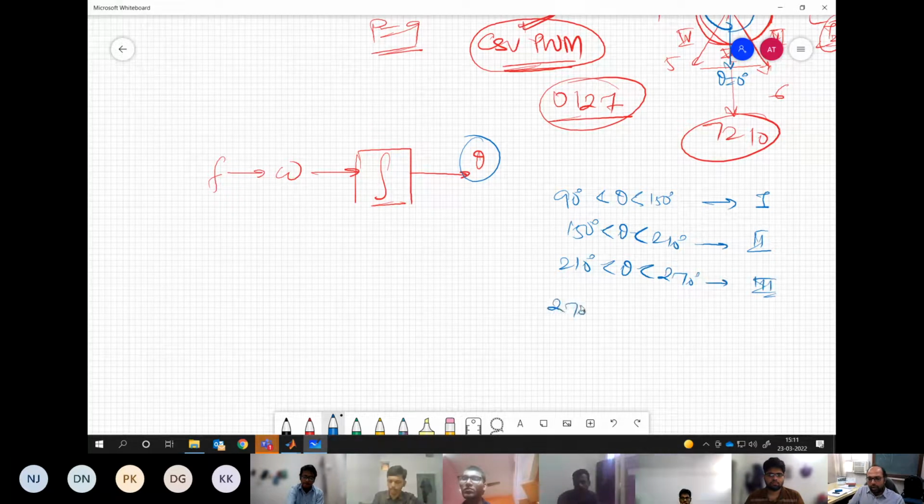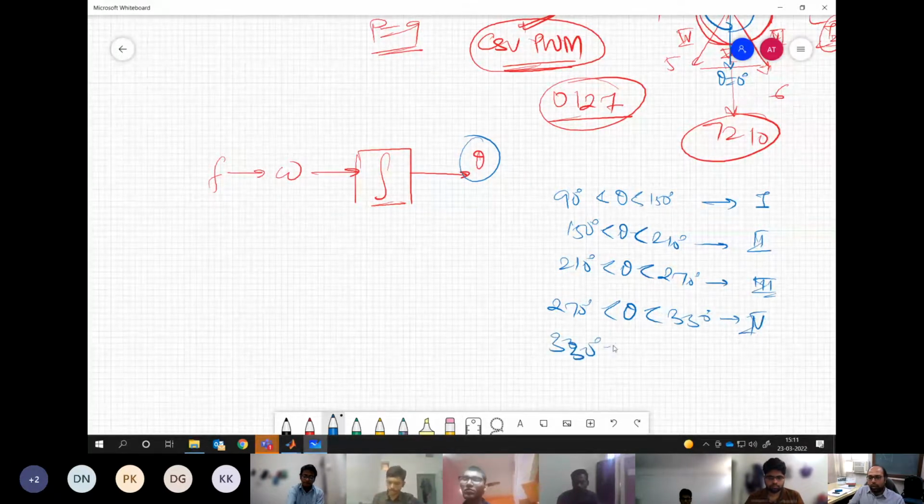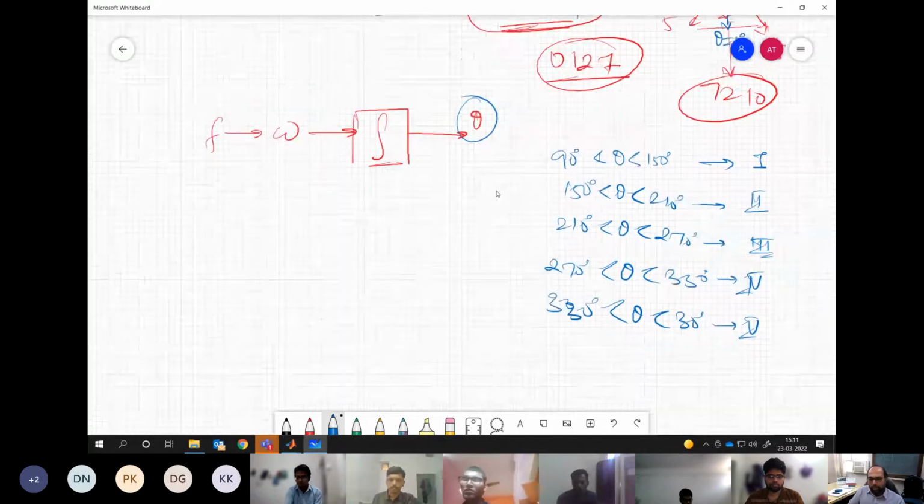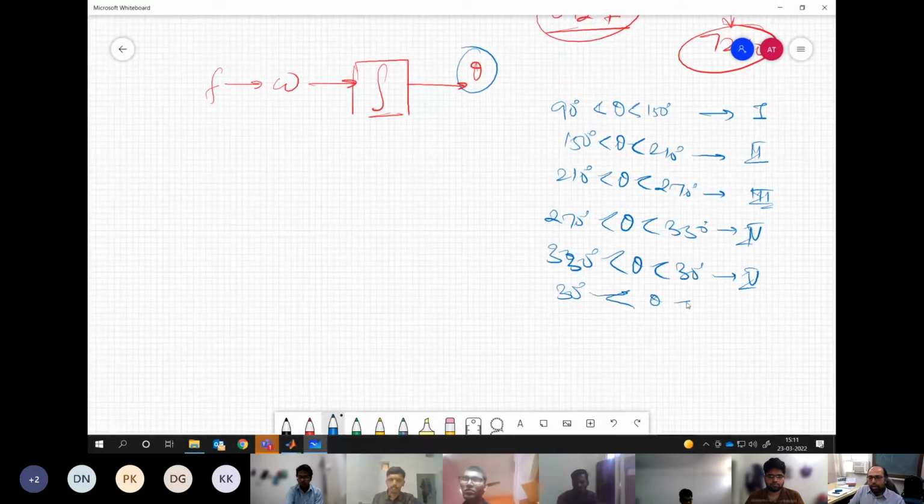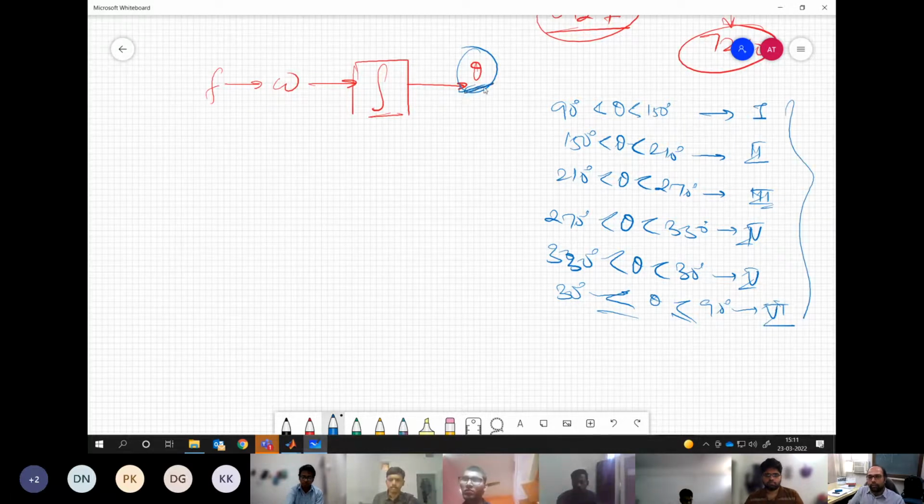If it is within 270 to 330, it is sector 4. 330 to plus 30, this is sector 5. And lastly, from 30 degree to 90 degree, it is sector 6. So we have got the information about the sector from our theta. Correct?